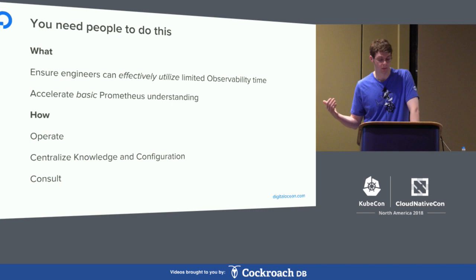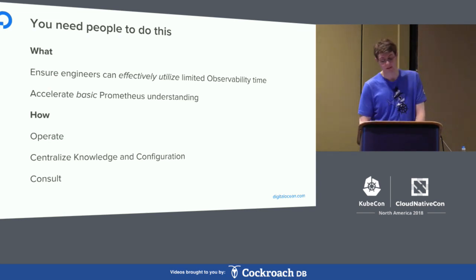So what are these people actually going to do? It's important that everybody make good use of their limited observability time, obviously. Everybody needs to have a basic understanding of how to use those tools. The tools need to be operated well so that they are actually available and scalable so that people can keep getting that value out of them. There needs to be patterns and documentation in a centralized place that people can go and copy if they need to.